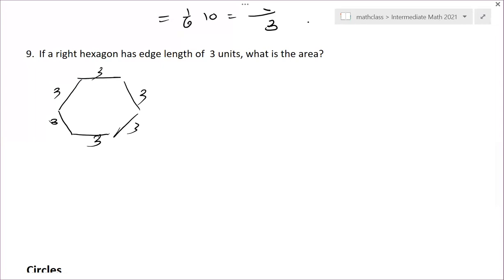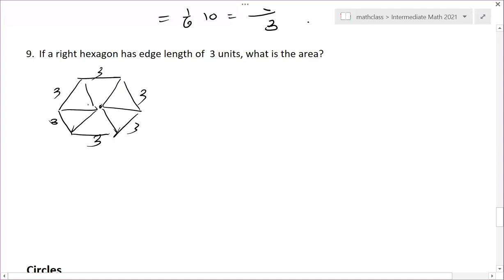Now for geometry problems, if you still remember what we did in the last problem, a hexagon consists of 6 equilateral triangles. They connect the important points. Those are all the equilateral triangles.